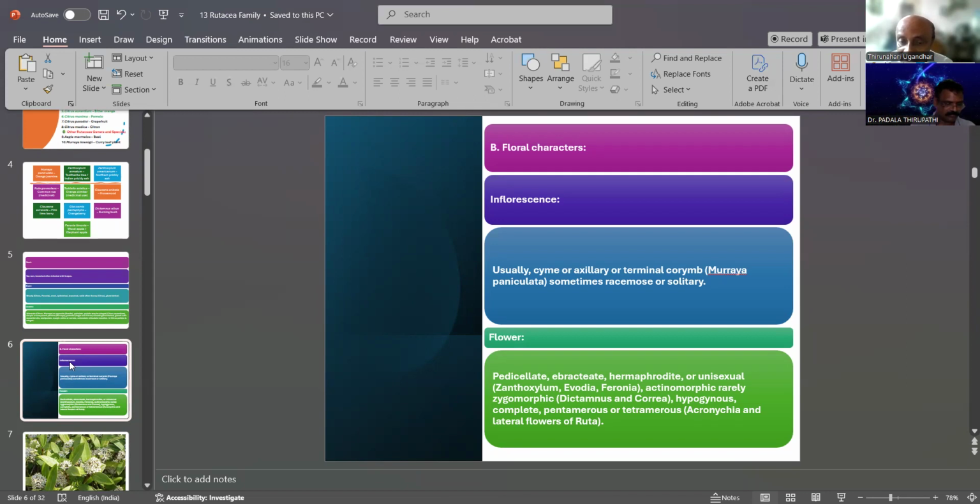Then hypogynous, complete flowers. Complete means the petals, sepals, androecium, gynoecium, essential and non-essential floral parts are all present. Also pentamerous or tetramerous. The sepals and petals are 5, sometimes 4. This is an important flower character.